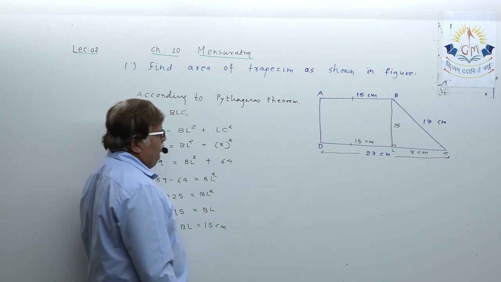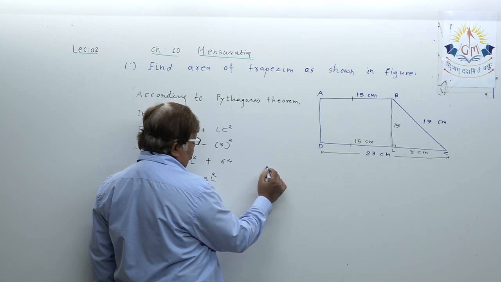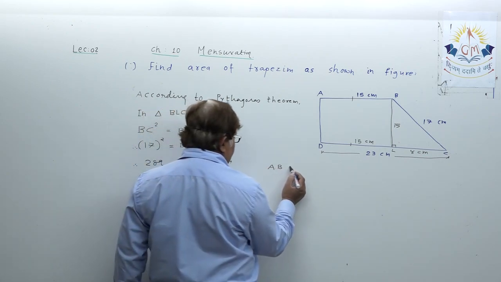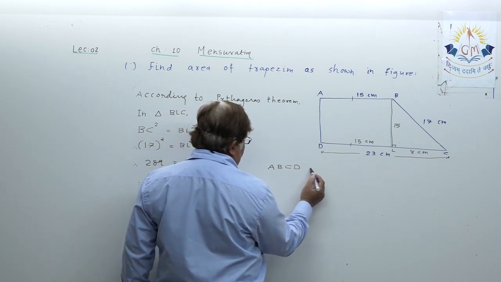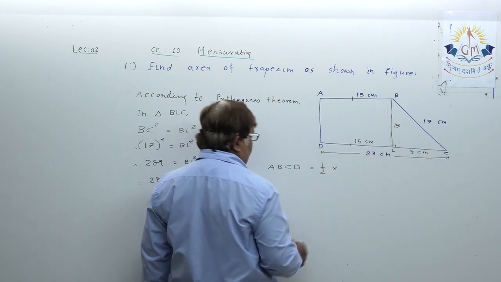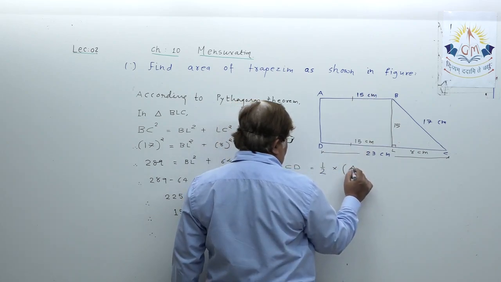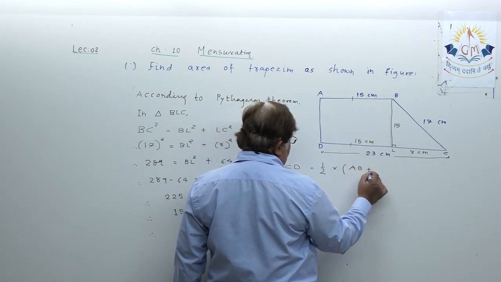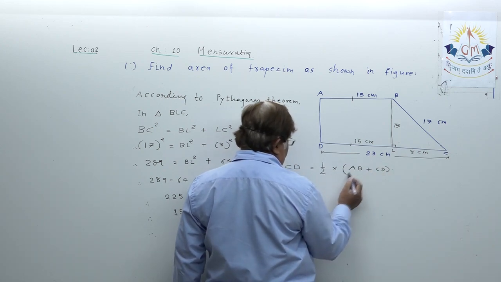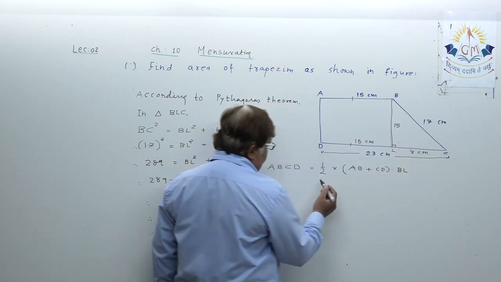And next, what we are targeting now, second step: area of trapezium ABCD equals half into bracket sum of parallel sides into distance between the parallel sides.